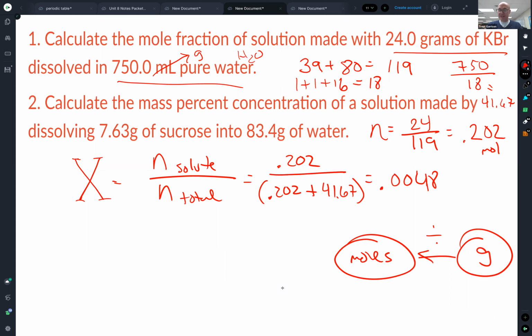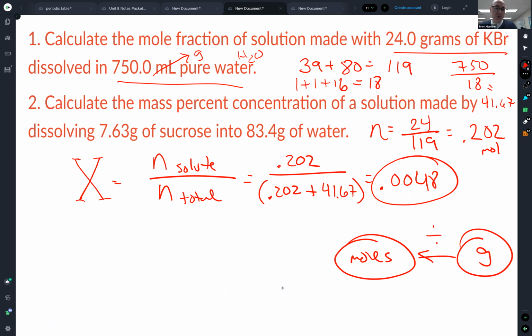You leave it as a decimal. You can't even put it into a fraction. It doesn't have a fraction that's going to work for it. So this ends up just being our answer for number 1.